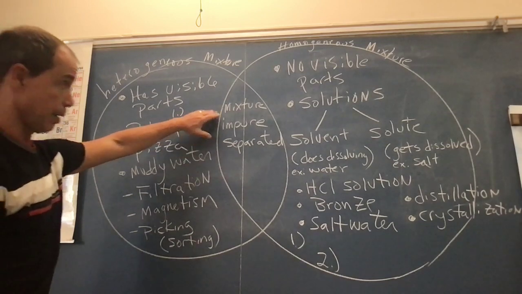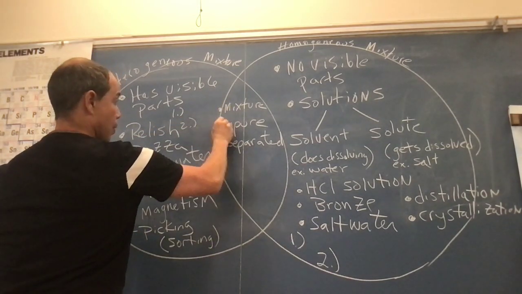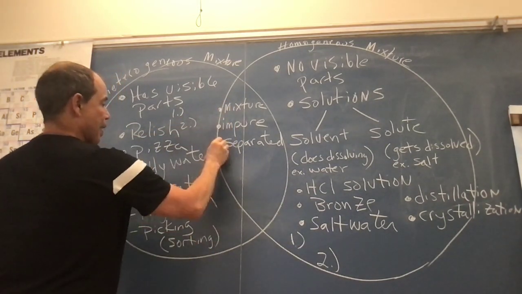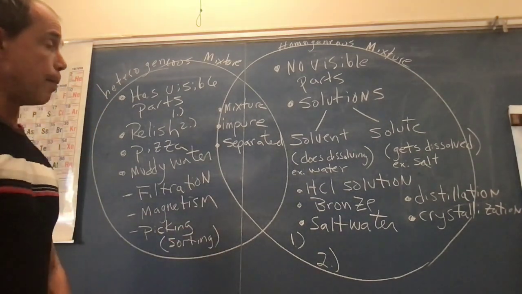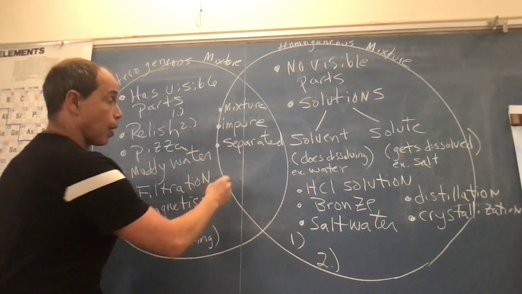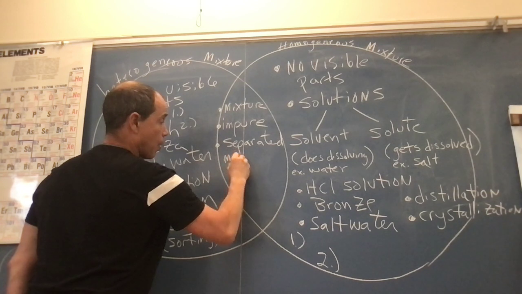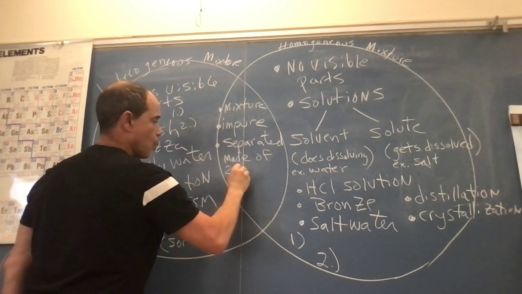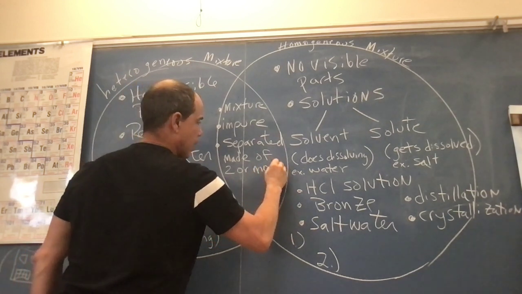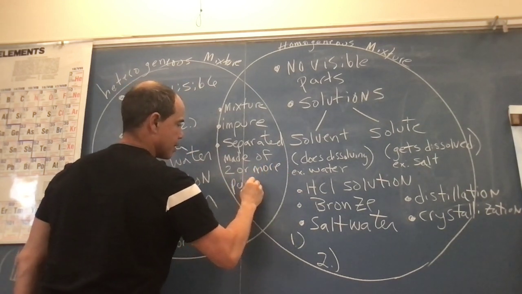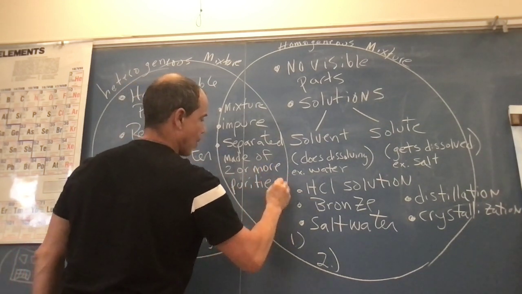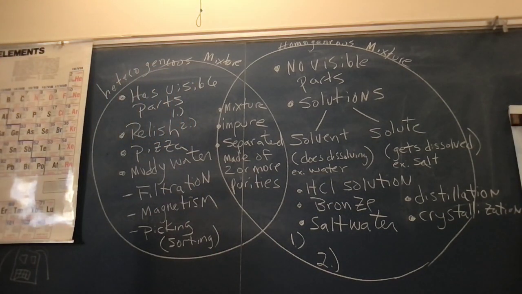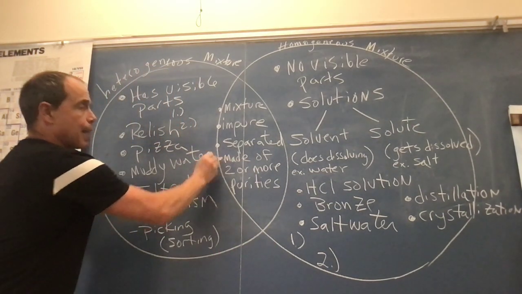So they're both mixtures, they're both impure, they can be separated, and they're made of two or more pure substances. I'm probably going to spell that wrong, but yeah. So that's what's the same between them.